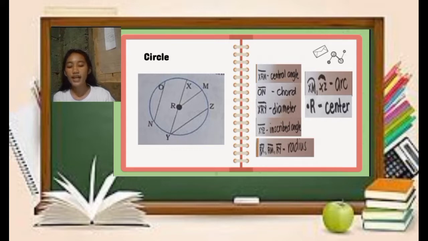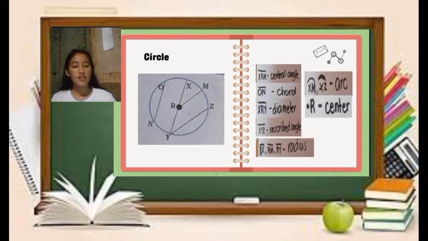It's a straight line that externally touches a circle, the circle's outer line. Next is the sector. It's a region bounded by an arc and two radii. So inside this region XRM, the region formed by two radii is called the sector region.